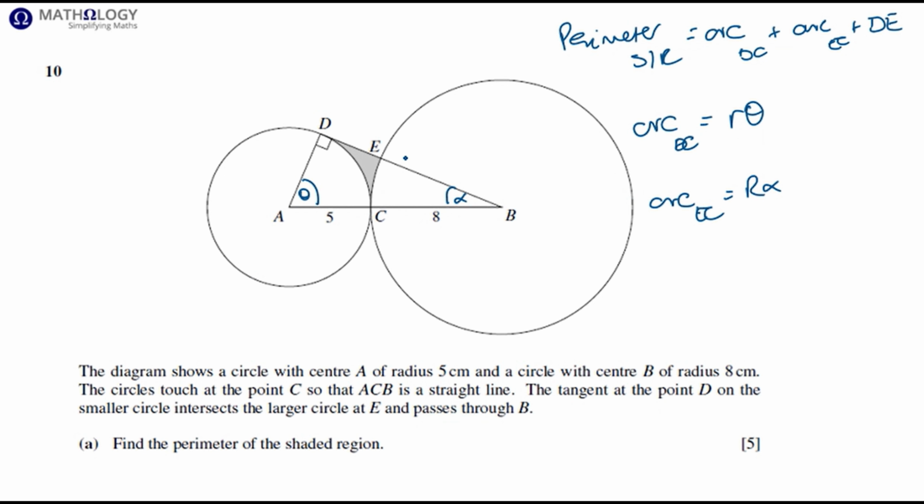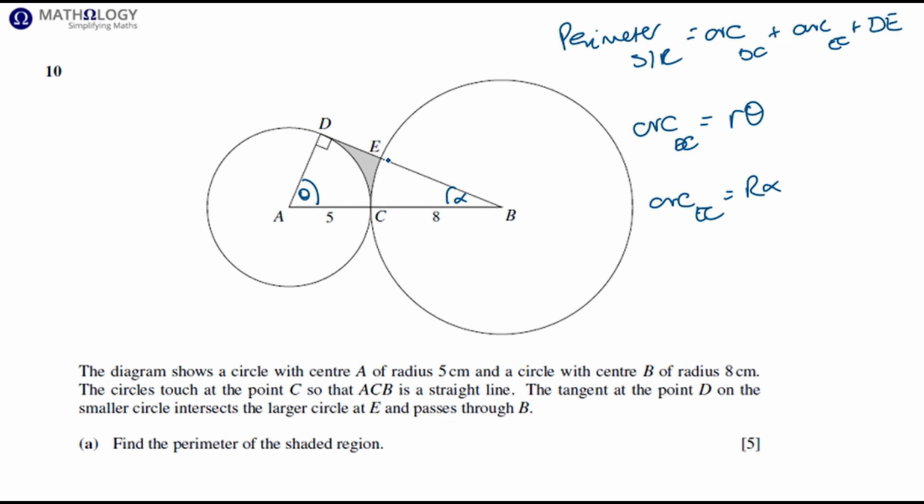So BC or EB times alpha. Now we've got the lengths of the radii of the smaller circle and the larger circle. We need to first determine the size of angle theta and the size of angle alpha before we can find the arc length of DC and arc length EC.